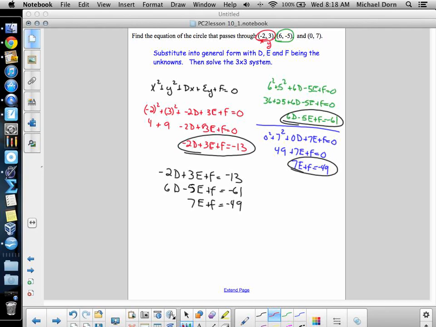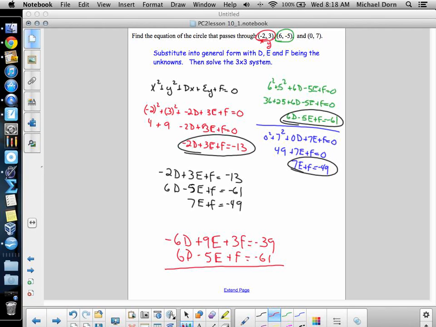So first equation times 3 is going to give me negative 6d plus 9e plus 3f equals negative 39. And the second equation, 6d minus 5e plus f equals negative 61.